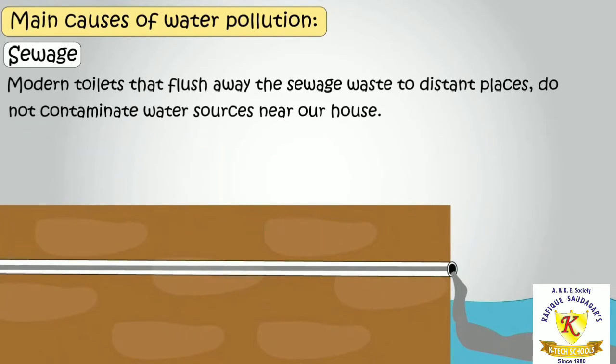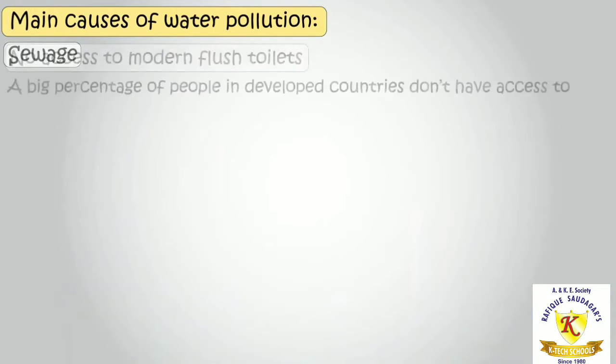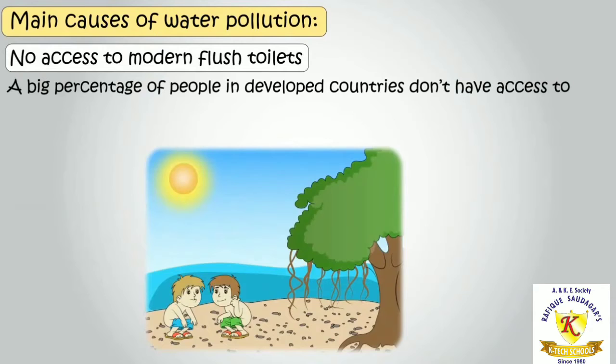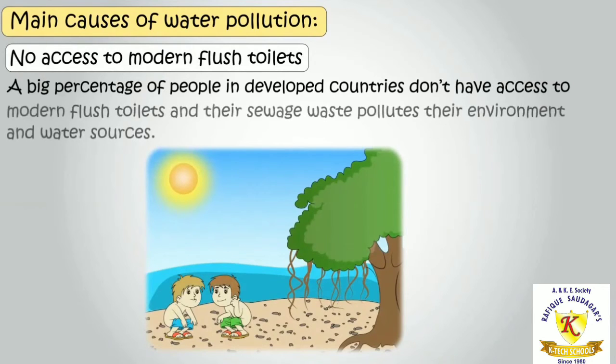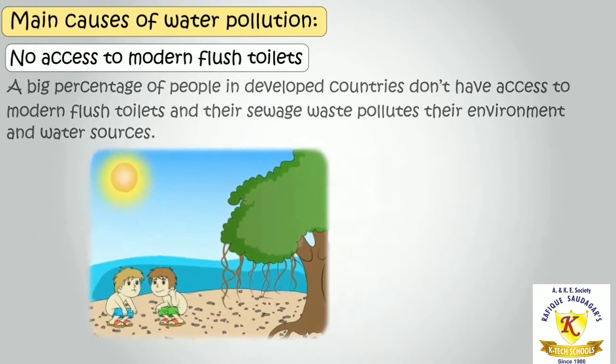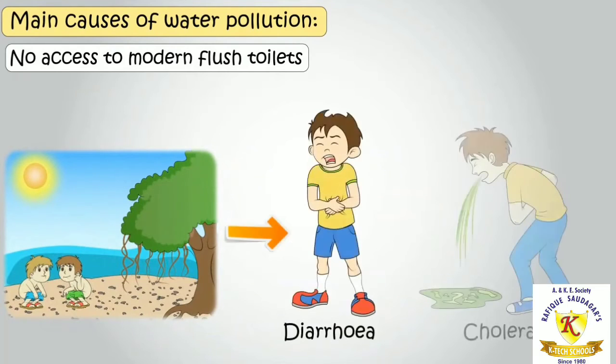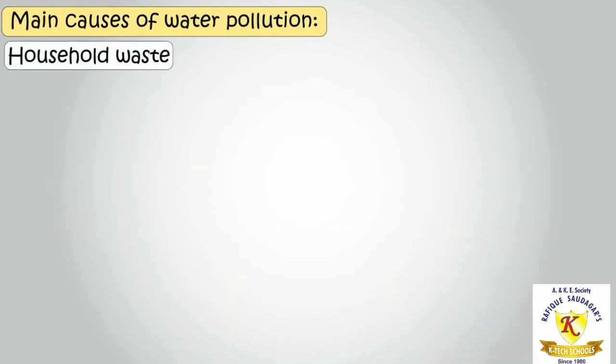But in the case of undeveloped countries, a big percent of people do not have access to modern flush toilets, and their sewage waste pollutes their environment and other water resources, which leads to diseases like diarrhea and cholera.